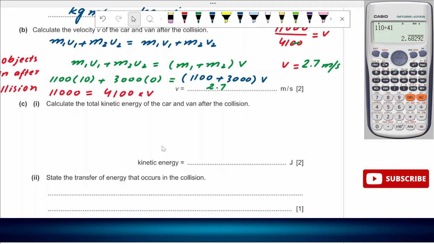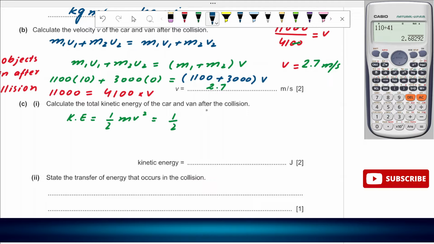Alright, in the next one, we need to find the total kinetic energy of the car and the van after the collision. For this one, I can write down the formula, although this is not from the topic of momentum, but still we should be able to find this one as well. Kinetic energy equals 1 over 2 m v squared. So 1 over 2 as it is. We need to find the kinetic energy of the car and the van.